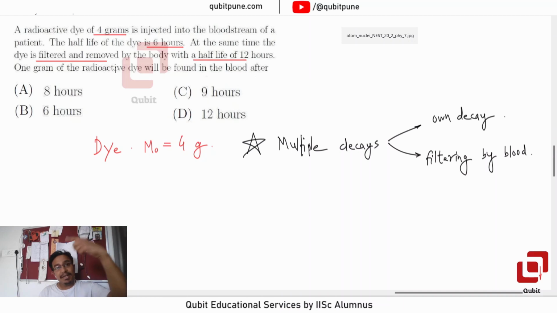So it is decaying on account of it being radioactive, but at the same time, because it is being removed, it is also a decay process, because decay basically means reduction in the number. Got it?